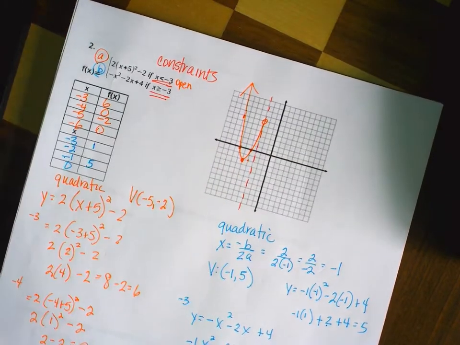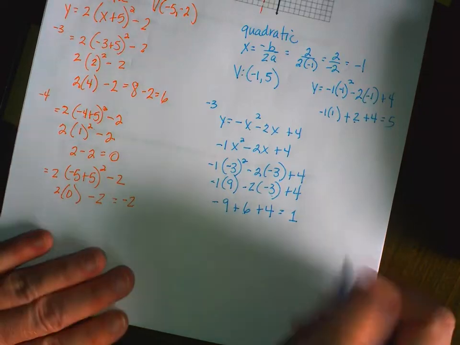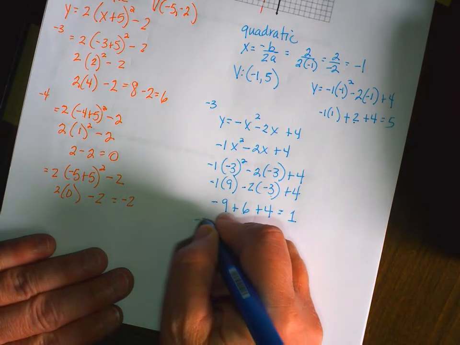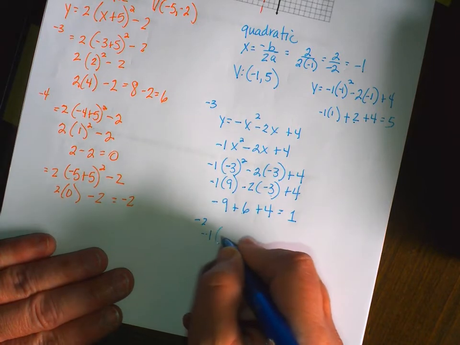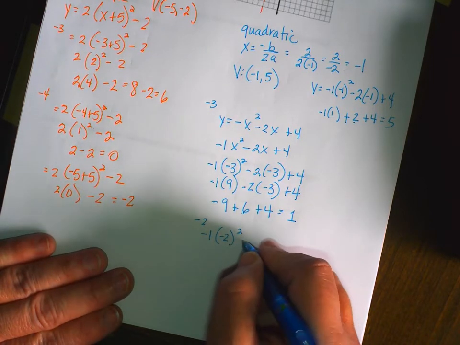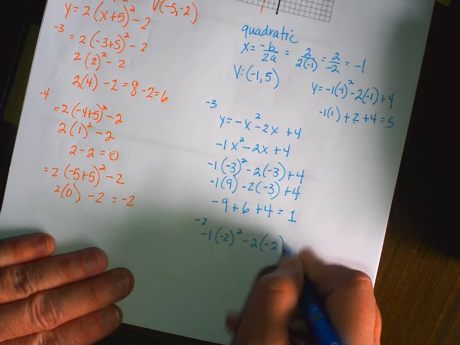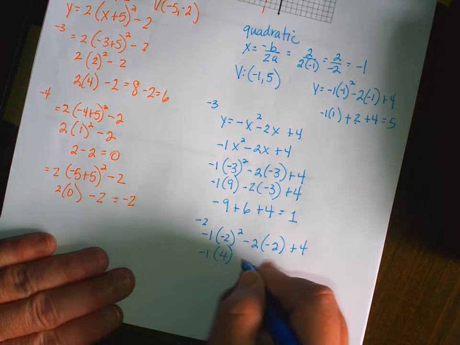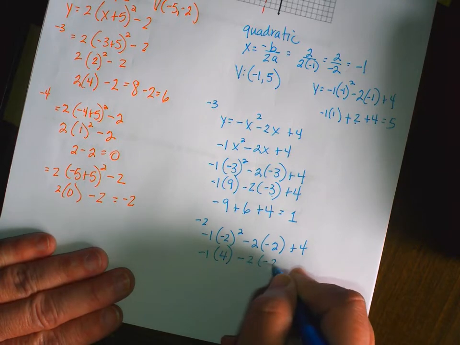So up in this table, I'm going to put -3 has a +1. And then I have -2. So it's -1 times -2 squared minus 2 times -2 plus 4. That's -1 times +4. Always do your exponent first.